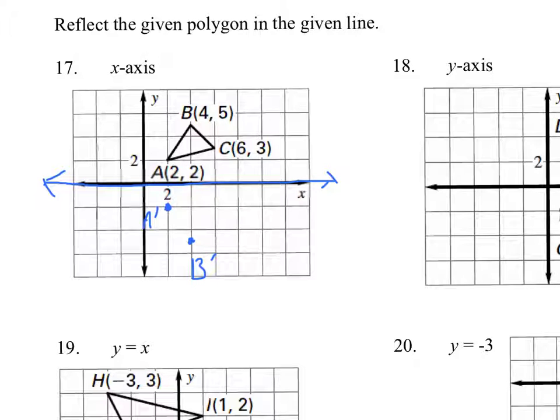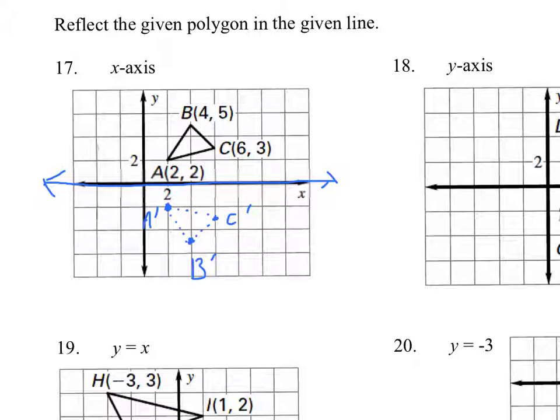C is 1/2, 1, so 1.5 grid lines, so you're going to count 1.5 grid lines down going across the line. And there is C prime, and we'll make dotted or dashed lines to connect these.